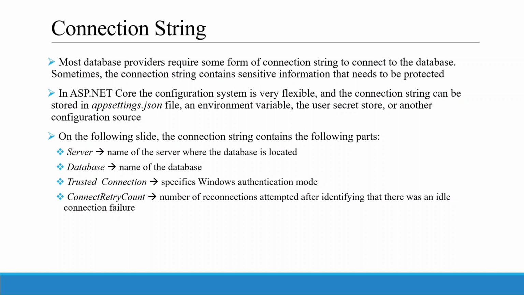In ASP.NET Core, the configuration system is flexible and the connection string can be stored in the appsettings file, in an environment variable, the user secret store, or another configuration source. In our case, we will store this connection string in the appsettings file. It contains several parts. The server, which represents the name of the server where the database is located. Database, which is the name of the database that we want to connect to.